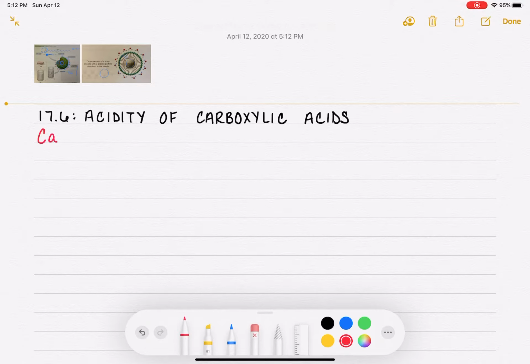One reaction is the carboxylic acid reacting with water. And the other one is carboxylic acids reacting with a strong base.